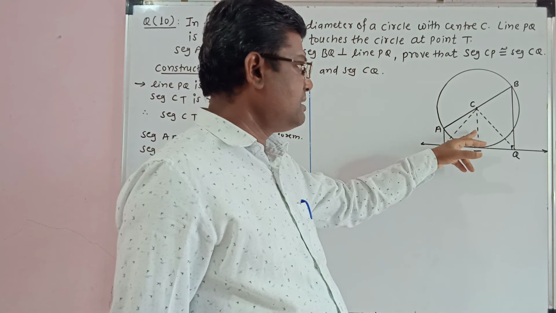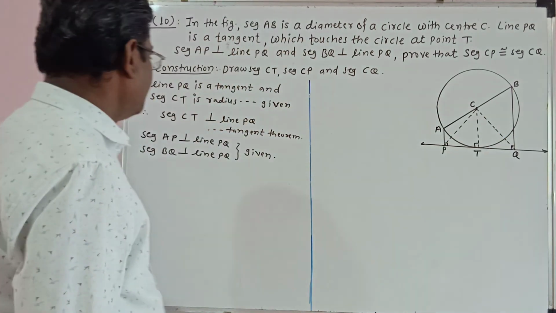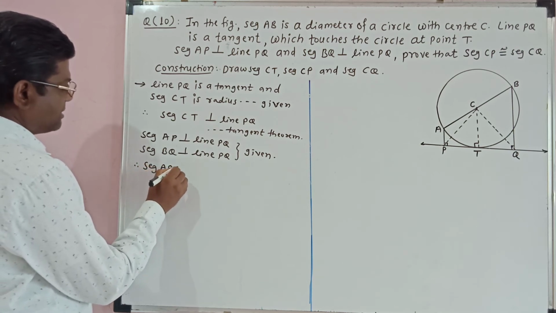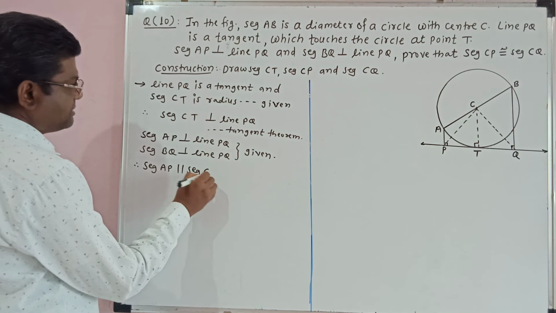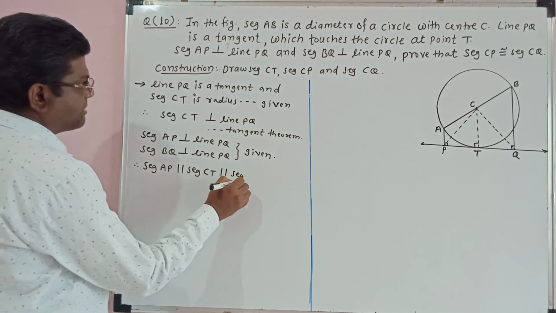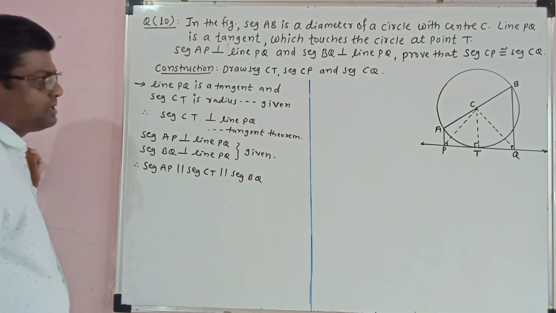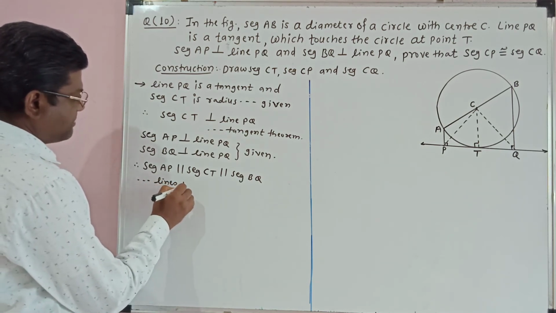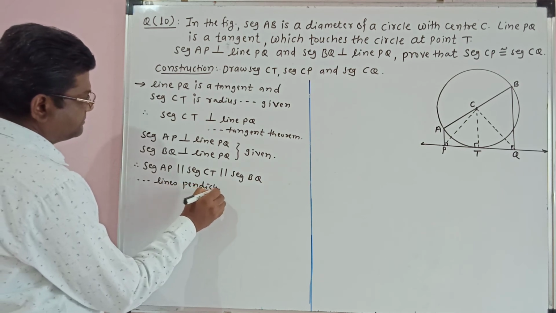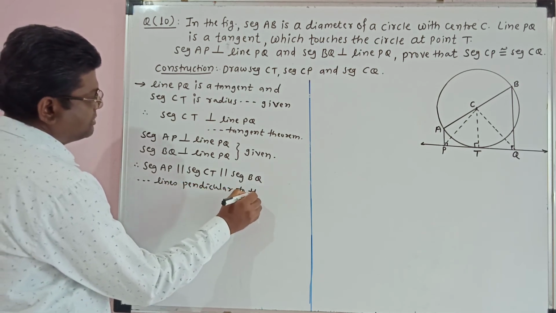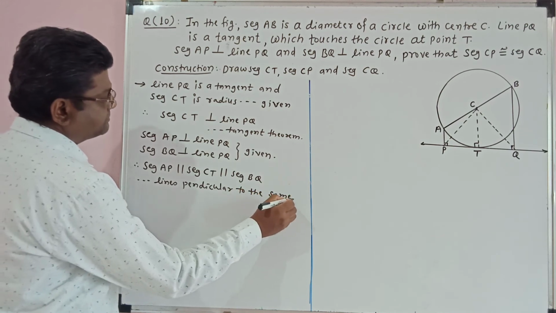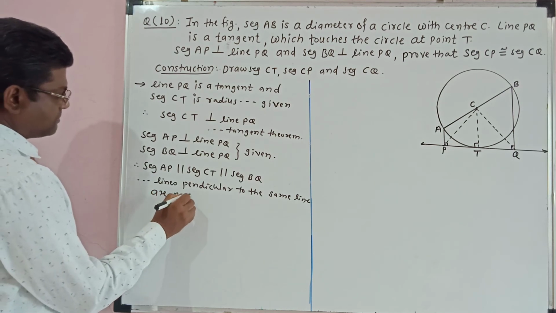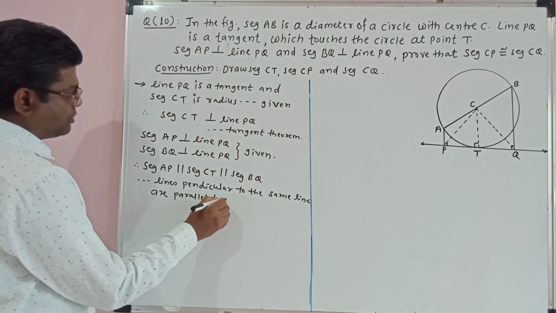Therefore AP is parallel to CT is parallel to BQ. Therefore we write segment AP parallel to segment CT parallel to segment BQ. Reason is lines perpendicular to the same line are parallel to each other.